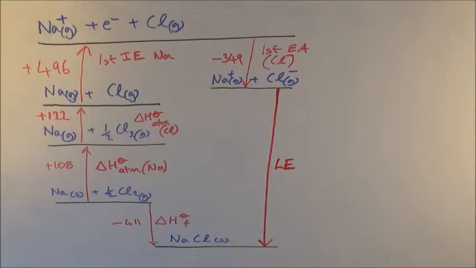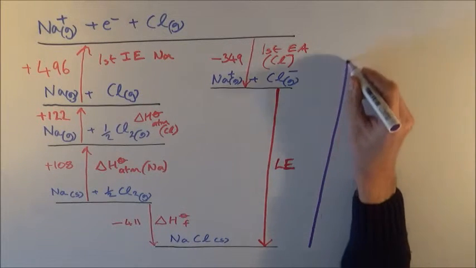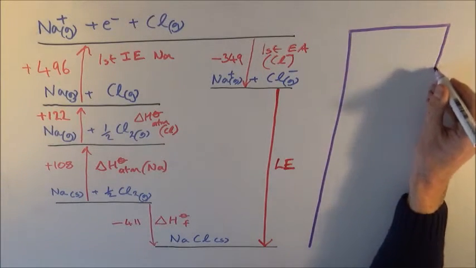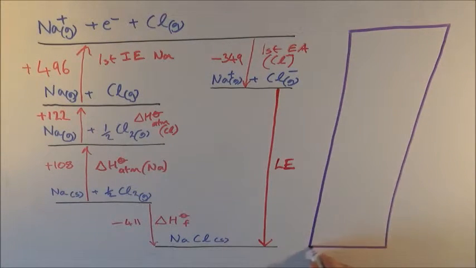There's a much easier way to go about this, and it is quite simply to imagine this as being a football field. Don't get me wrong, I'm not a fan of football, I've no interest in football, but football fields are very useful to help you understand Born-Haber cycles, as I'm about to show you.